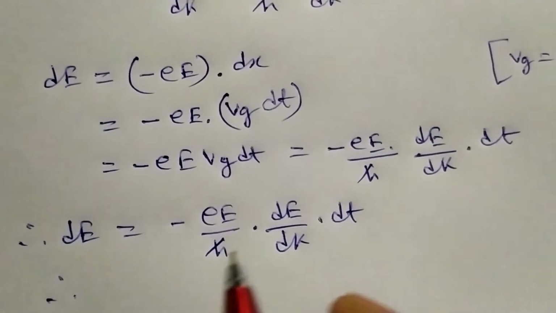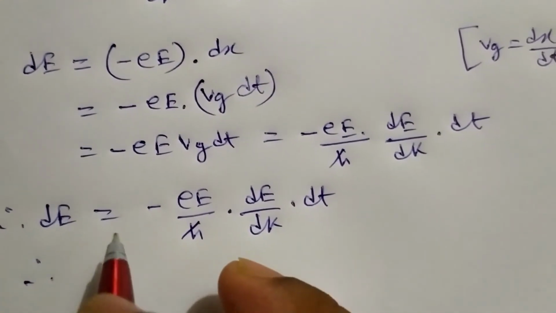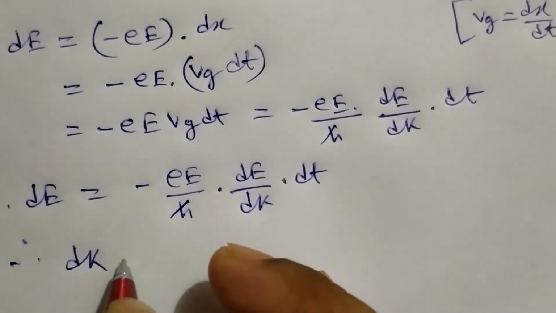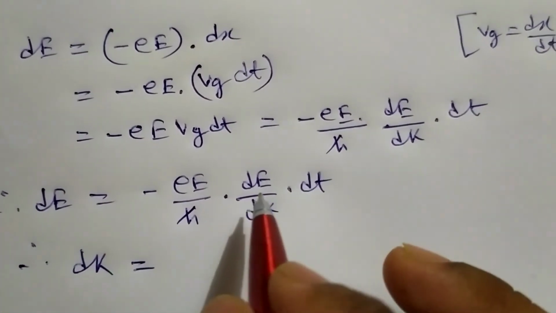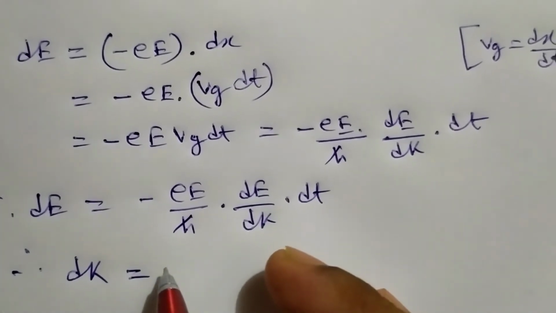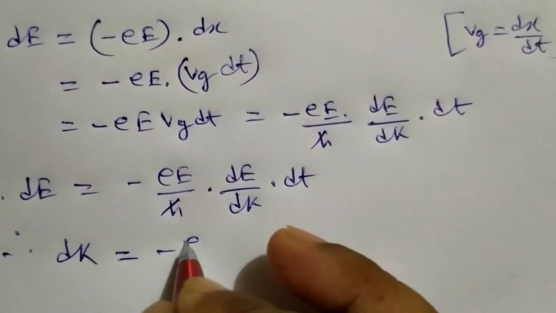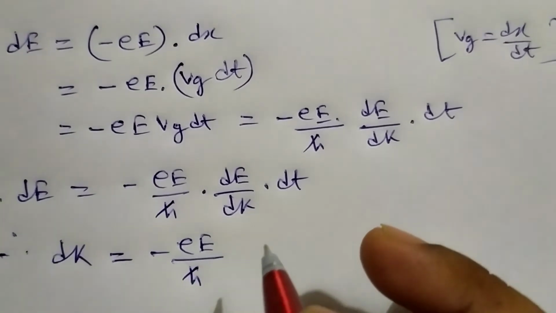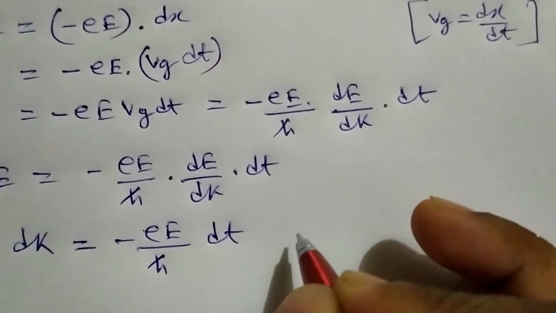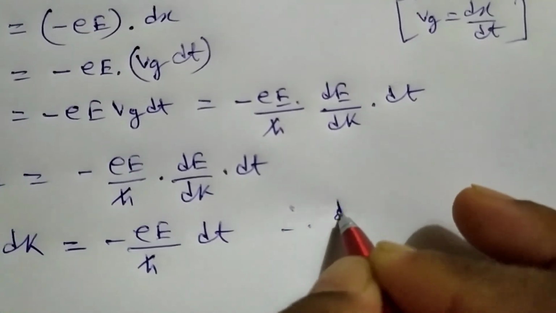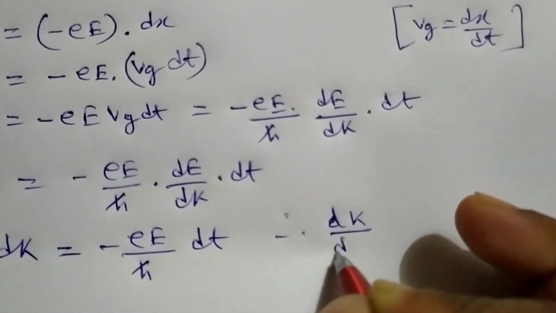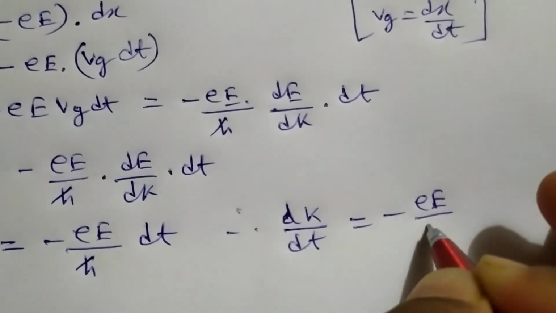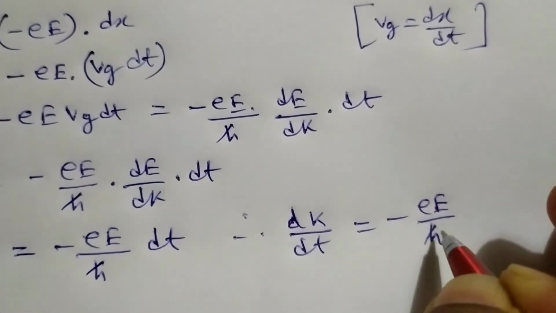Therefore we can write, by adjusting this relation on both sides, dk is equal to minus eE by h cut into dt. Therefore dk/dt will come out as minus eE by h cut.